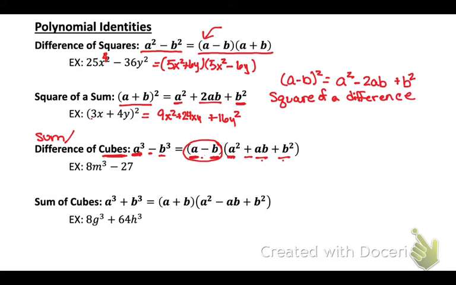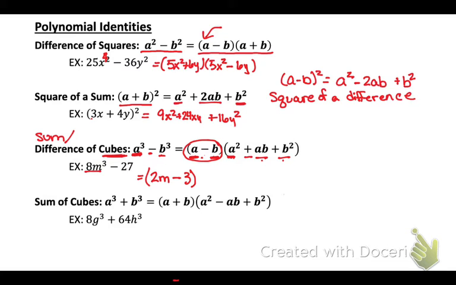So the rule says take the cube root of the first. The cube root of 8m cubed is 2m, because the cube root of m cubed is m. Same sign. So what sign? Minus. The cube root of 27? 3. So 2m is my first term, and 3 is my second term.